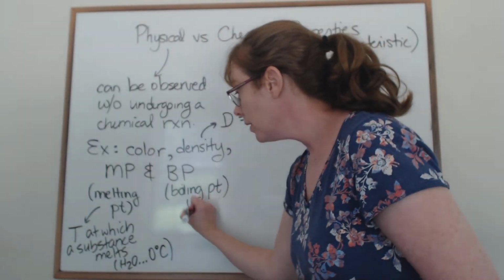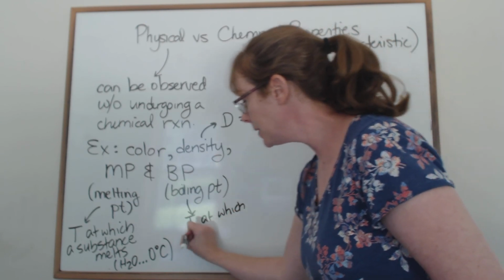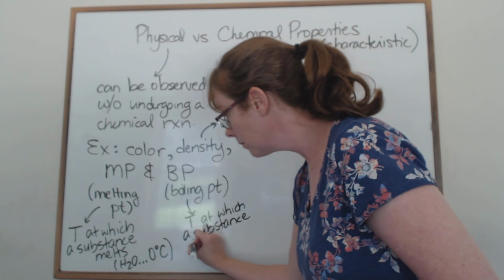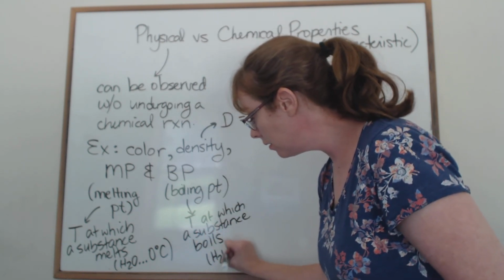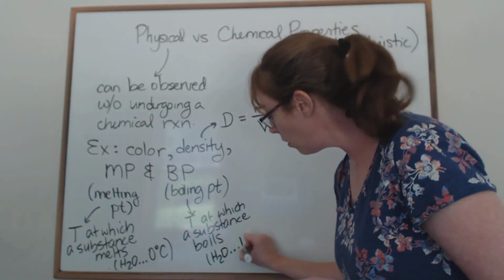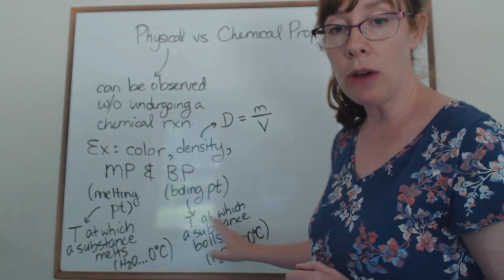The boiling point is the temperature at which a substance boils. And for H2O, not worrying about Fahrenheit, only Celsius, it's 100 degrees C. So you can see how easy the Celsius scale is.